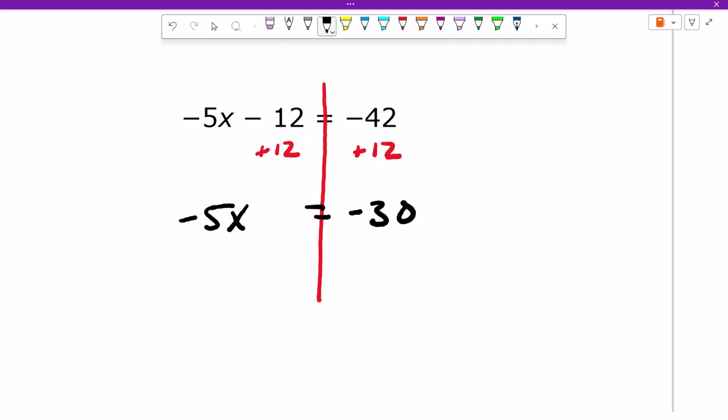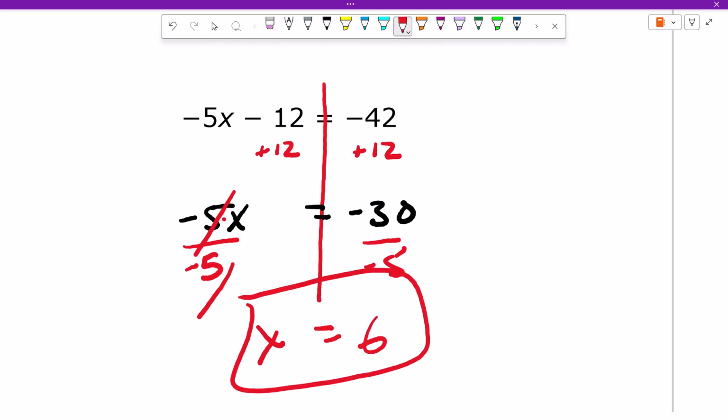How do you get rid of that 5? Opposites, right? In between the 5 and the x is a times. Opposite of times? Divide by 5 and that negative sign. And you get negative 30 divided by negative 5. The answer is 6. So you can check it that way.